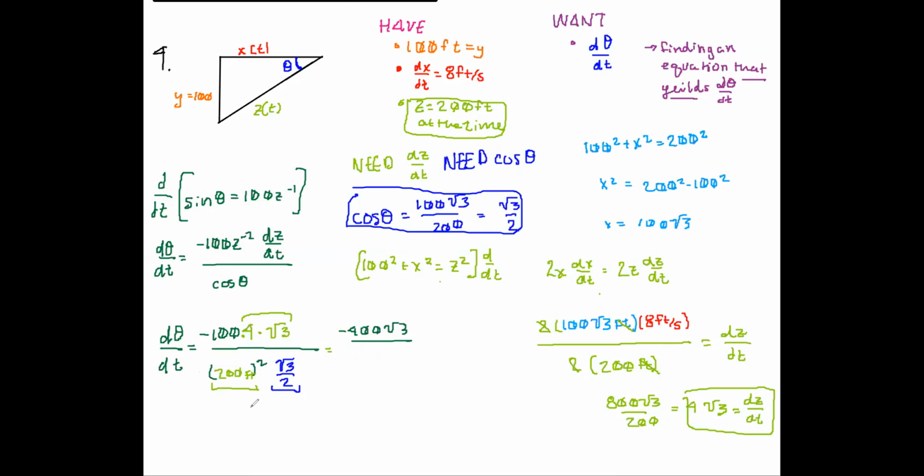Aha. Okay. So this is 40,000, I believe. Root 3 over 2. So negative 400 root 3 over 20,000.